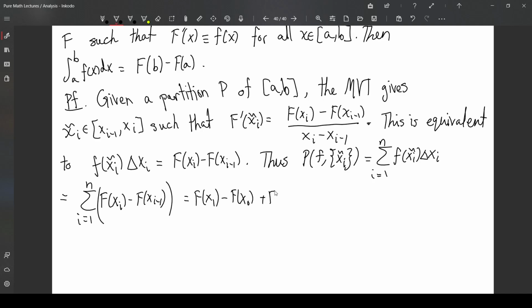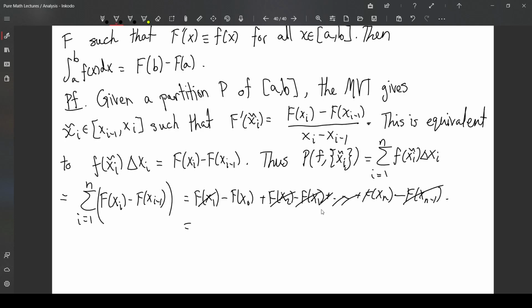Then the next term would be F(x_2) minus F(x_1), and so on and so forth. So this telescopes, with all the intermediate terms canceling out, and we get F(x_n) minus F(x_0).